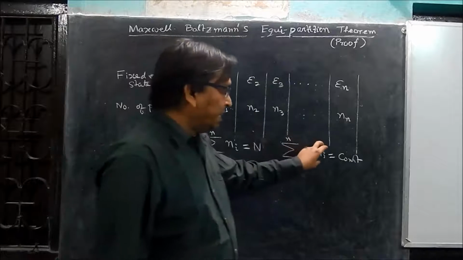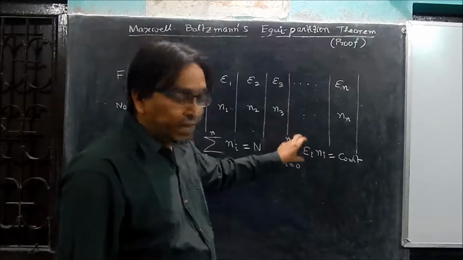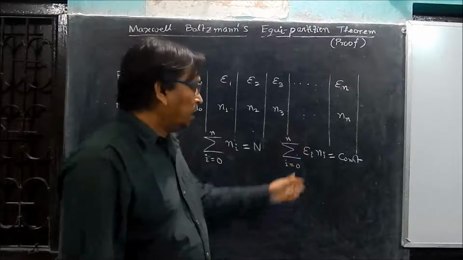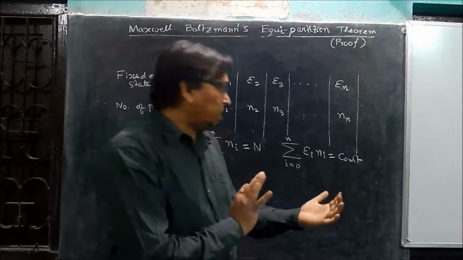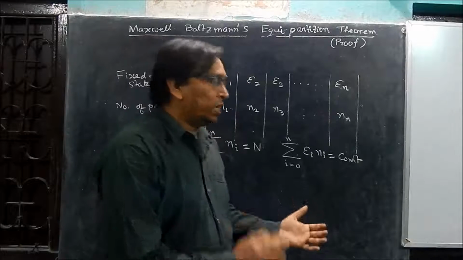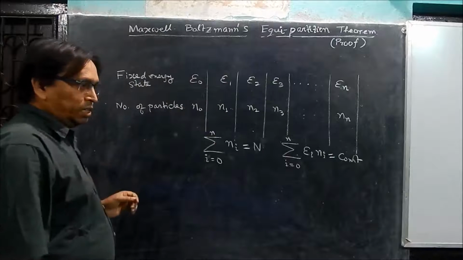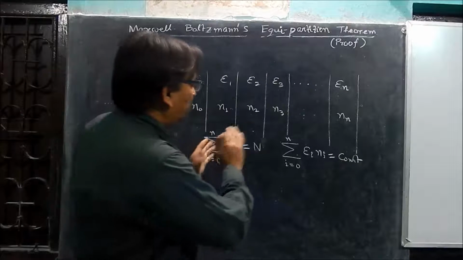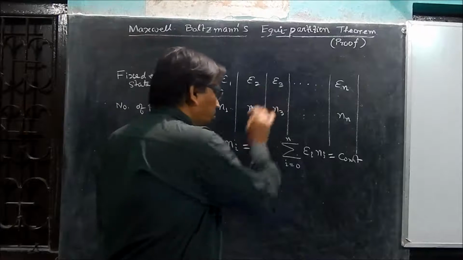So ni is the number of particles in the ith box, and the energy of that box is Ei. The summation of all this energy is equal to the total energy of the system. That is constant, you cannot change it. So these two are preliminary things, and you can take some particles from here and give them to there.